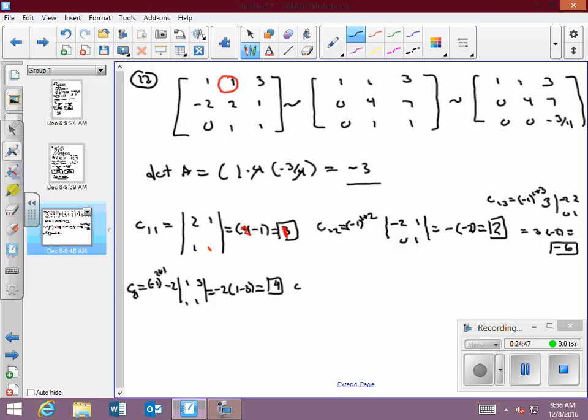And a C2,2, -1. Oh, I think I did that because this negative 1 is 2 plus 1 is 3. So then this sign is a negative, isn't it?